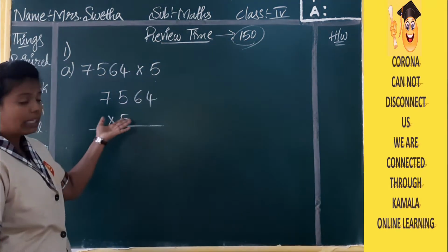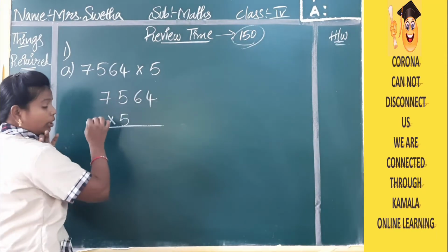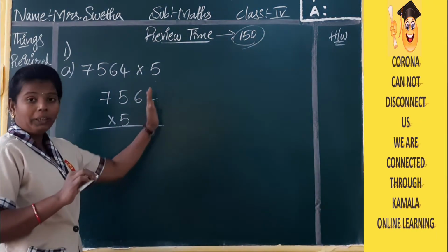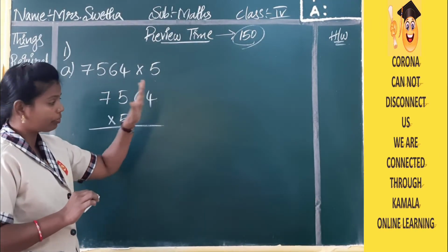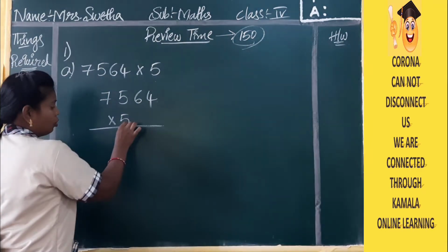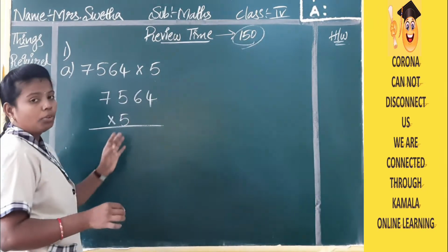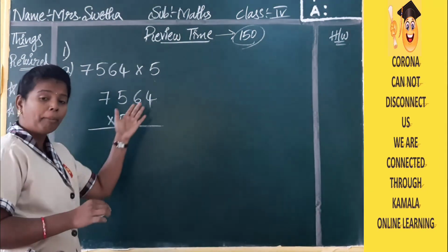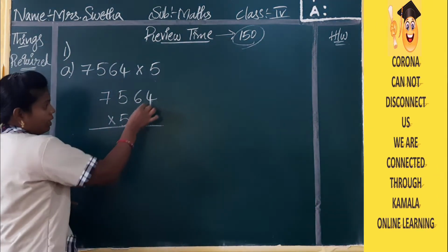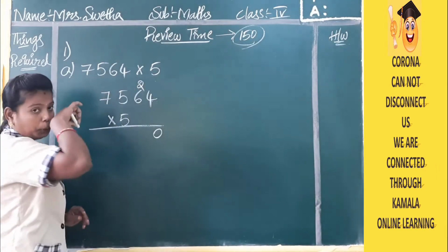Now we will start with our multiplication. This 5 should be multiplied with all the numbers, and it should be done from the last place only. Here we have the 5 table, so multiply with 4. You can do this multiplication from up to down or down to up, and you will get the same answer. 5 4s are 20, so 0 down, 2 up.